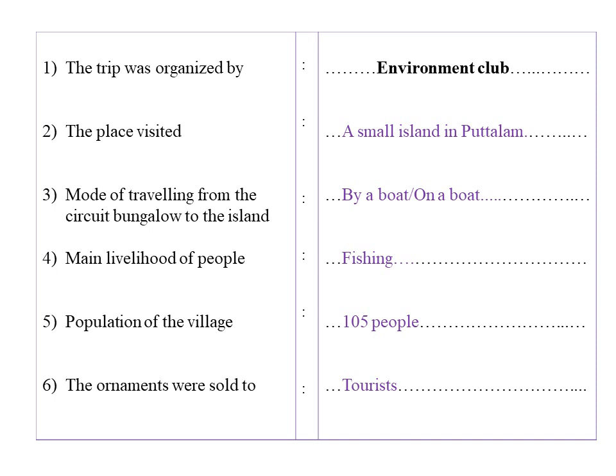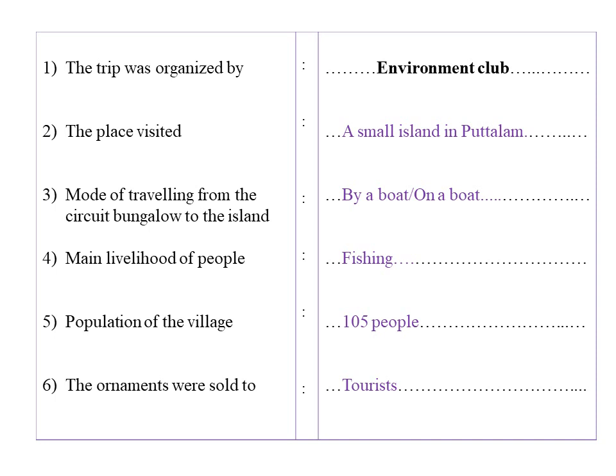Hope you have completed the task. Shall we check the answers? As the first one is given, let's go to the second one. You have to find the place they visited. You can find the place quickly because Geet asks his uncle where he had gone. So the answer is a small island in Puttalam.